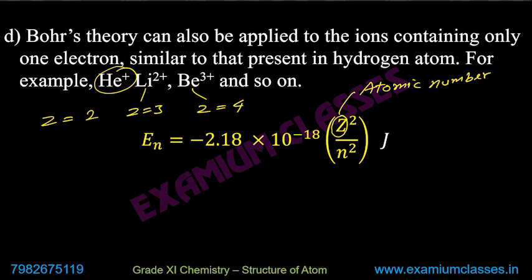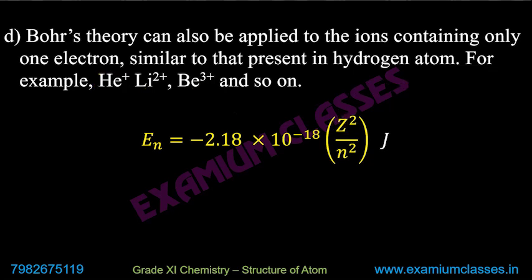These are for elements other than hydrogen, but hydrogen-like species means they must have only 1 electron, similar to hydrogen. Then we can use the formula, but instead of having only 1 by n square, now we have Z square by n square. That is the only difference.